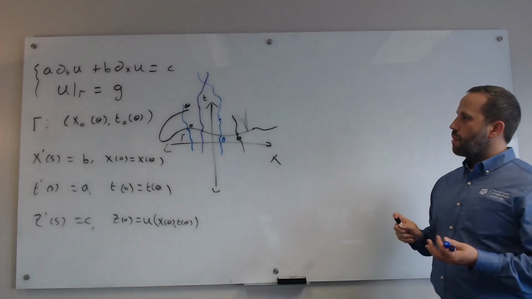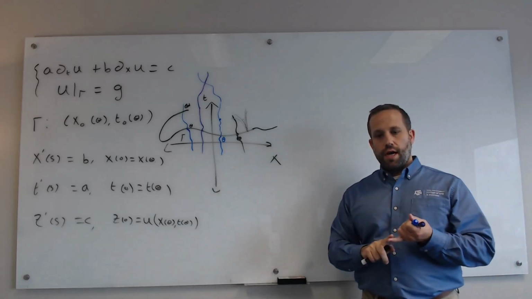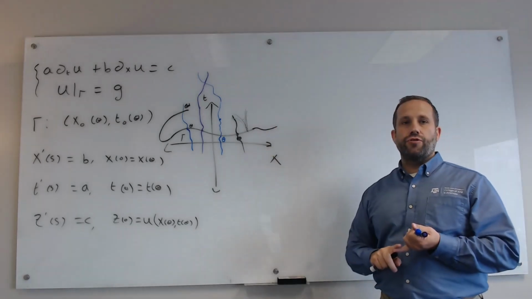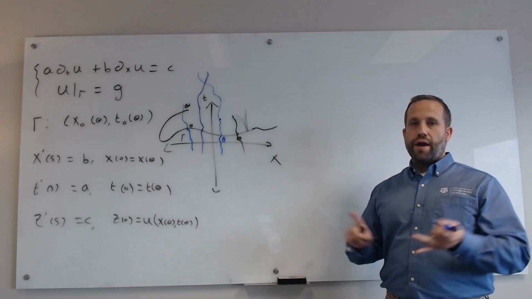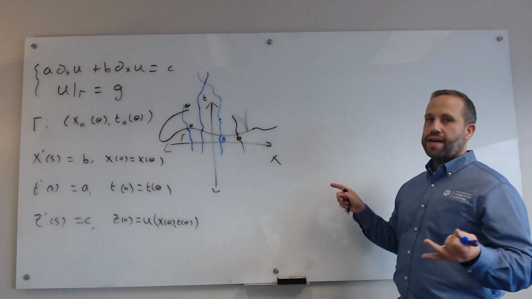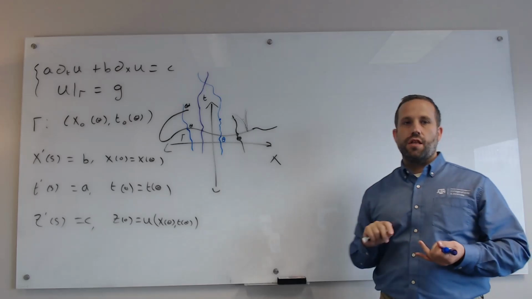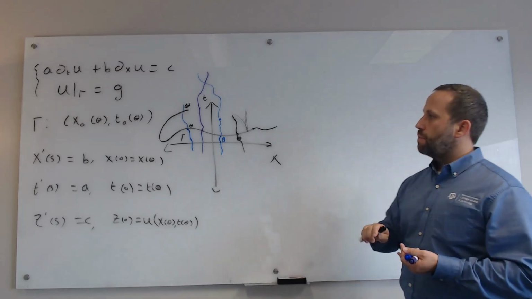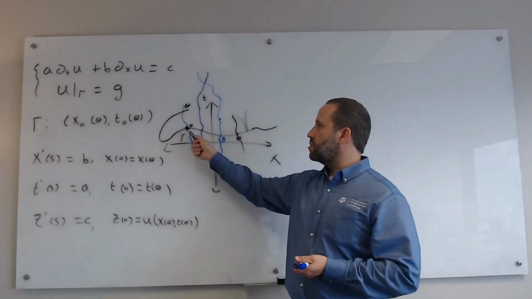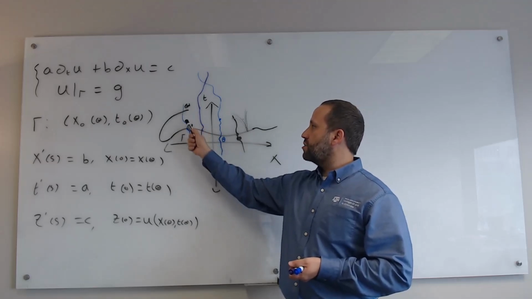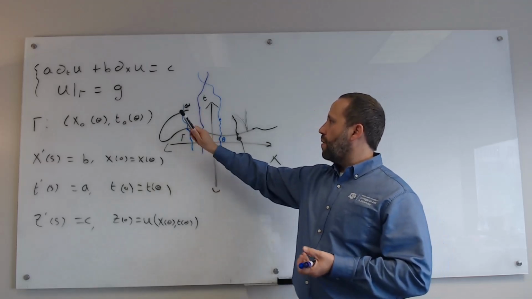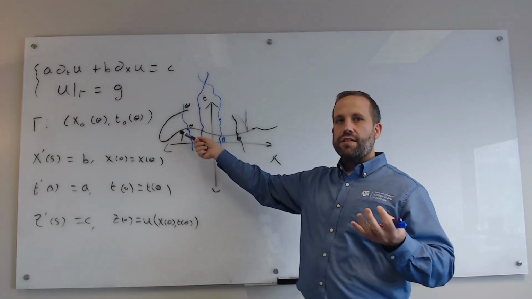So the two main problems here are, maybe there's a point that does not lie on any characteristic, or maybe there's a point or points that lie on several characteristics. So maybe there's some points that lie on no characteristics. Maybe there's some points that lie on too many characteristics. So this curve here kind of has two different thetas. It's kind of like it lies on two different characteristics.